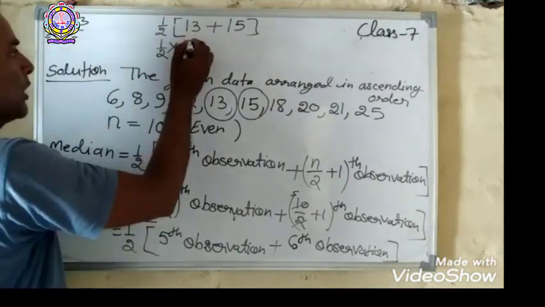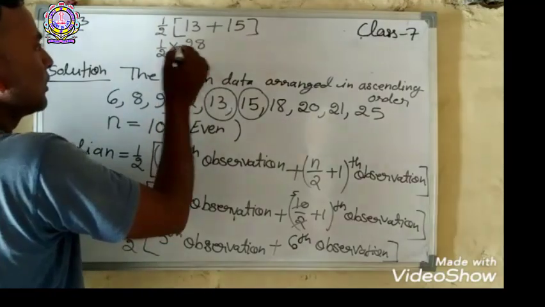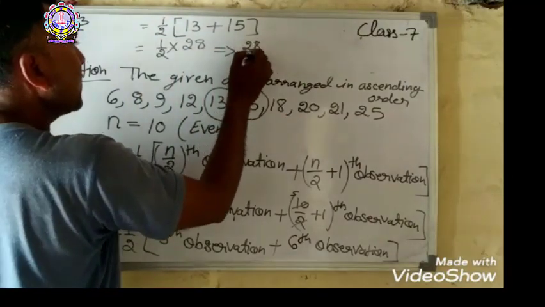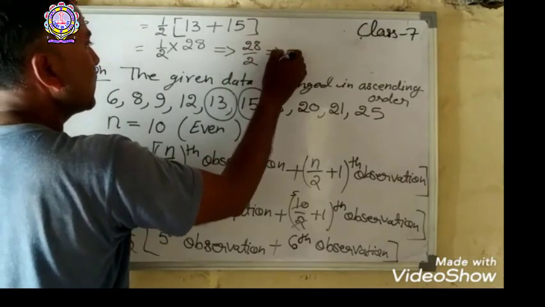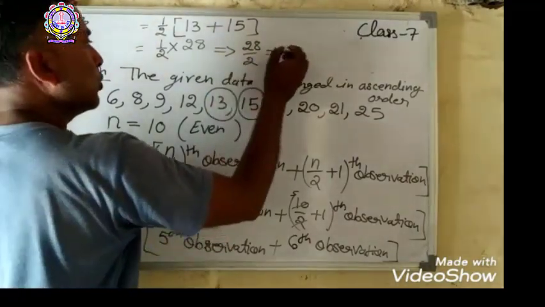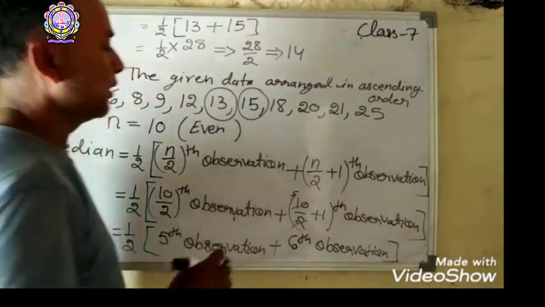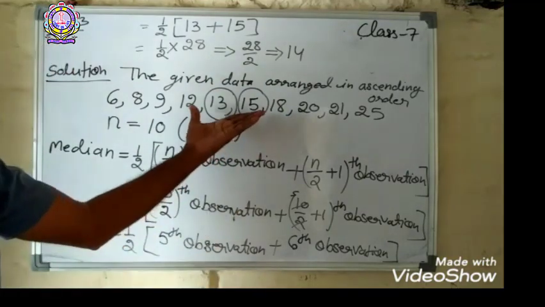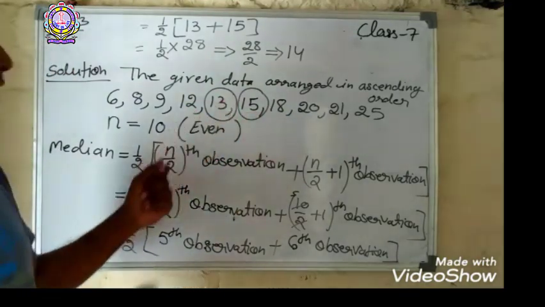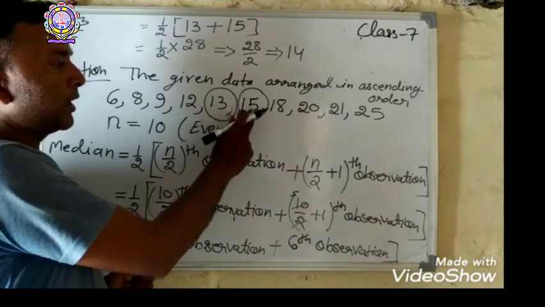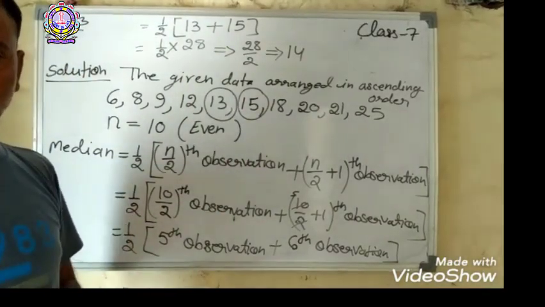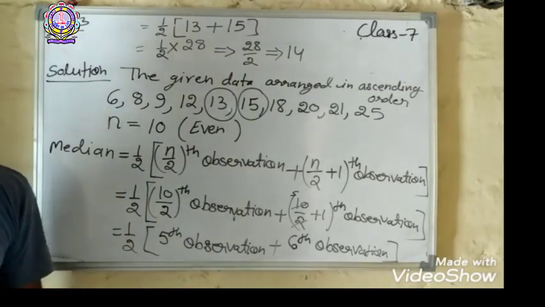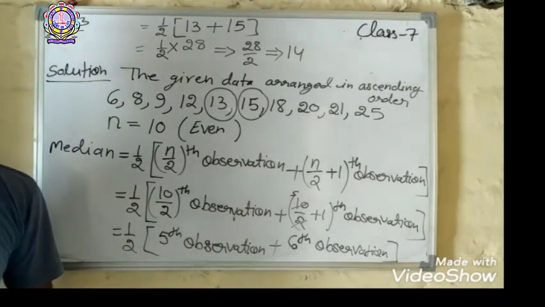You get 28. That is 28 upon 2, which is 14. So the median of this question is 14. And by a trick, you observe the middle value of 13 and 15 is 14. So this is the method to find the median for an even number of observations.